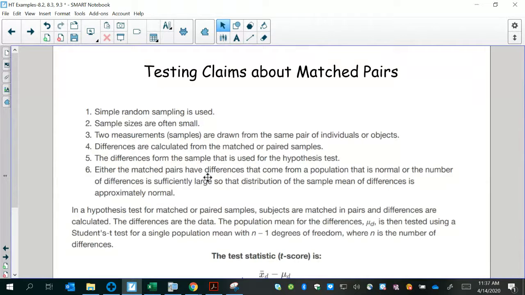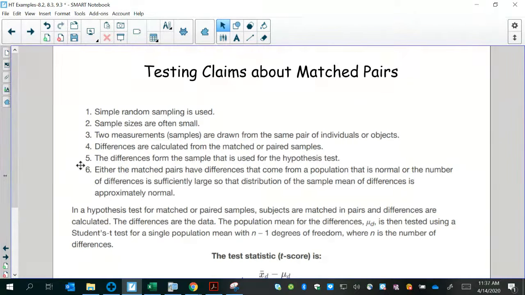Six, either the matched pairs have differences that come from a population that is normal, or the number of differences is sufficiently large so that the distribution of the sample mean of differences is approximately normal. Number 6 refers back to the central limit theorem. Remember we said that the means would be normal if the original values were normal, or if we're not sure if they're normal or if we know they're not, then we can still use the central limit theorem when we have a sample size greater than 30.